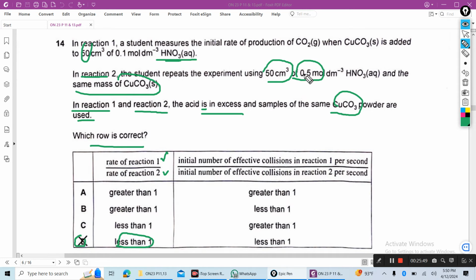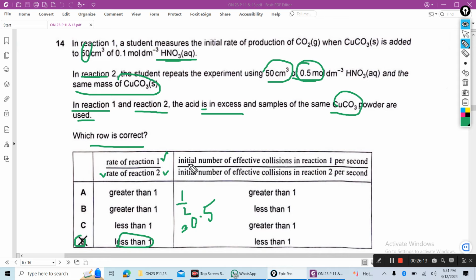Why? Because in reaction 2 more concentrated nitric acid is used, so the denominator value will be greater. So if we say 1 divided by 2, this will get 0.5, the rate ratio will be less than 1.